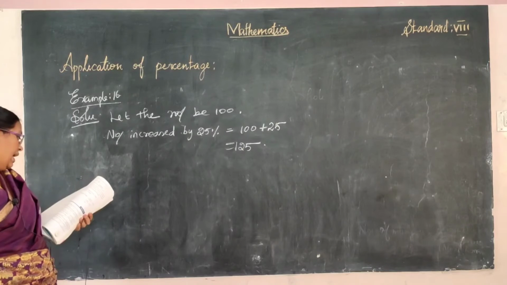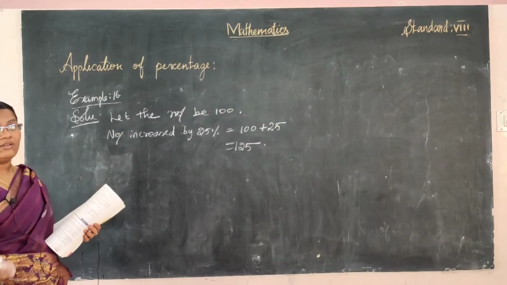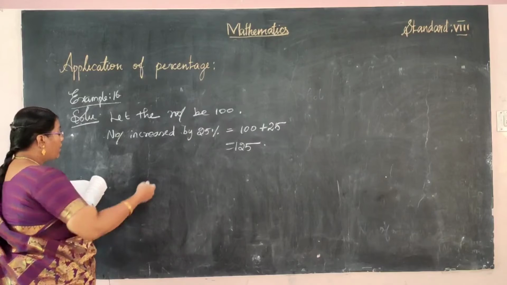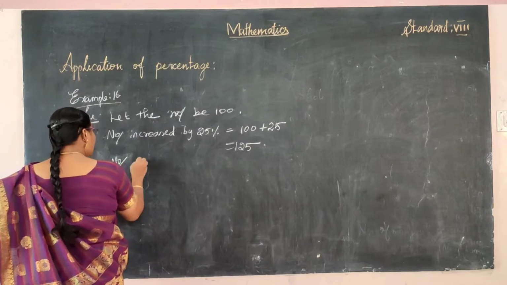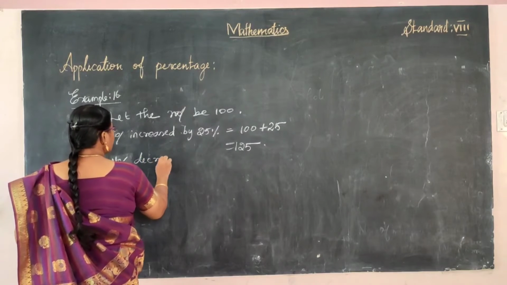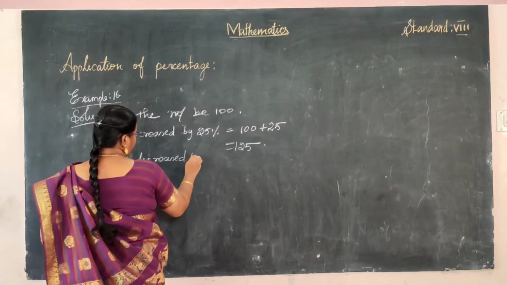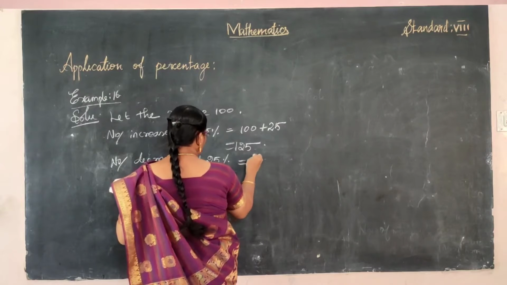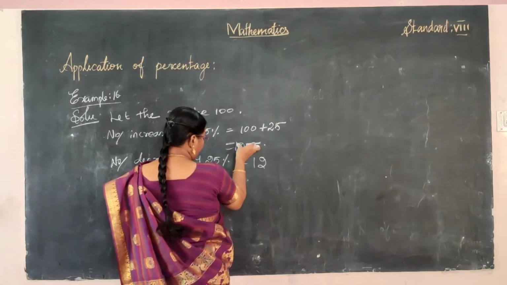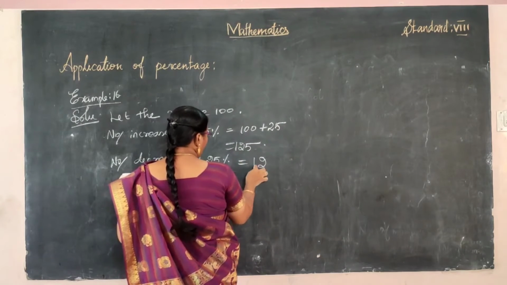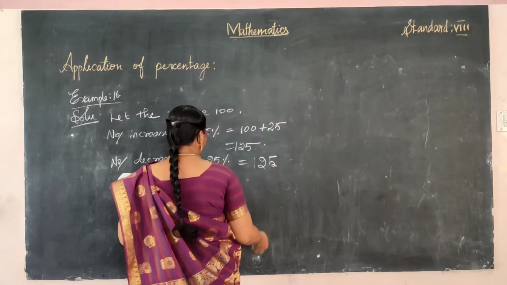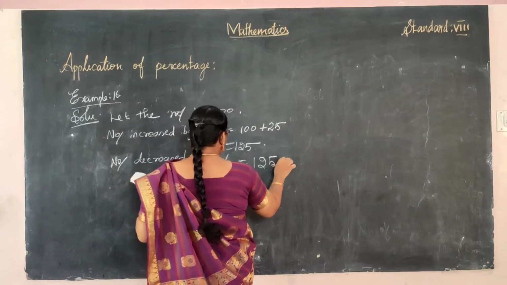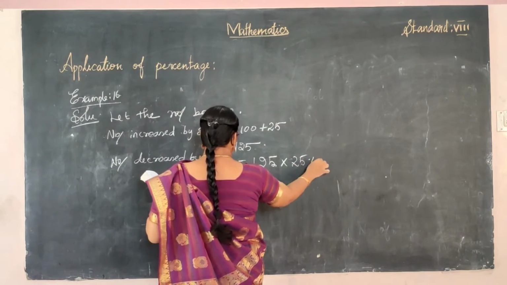And then decreased by 25 percentage. The number decreased by 25 percentage. The 100 is already increased, so we consider this one only: 125 into 25 percentage.